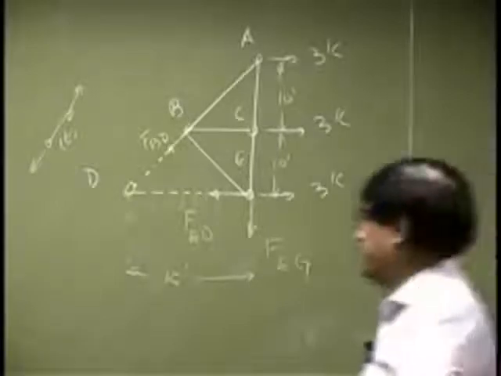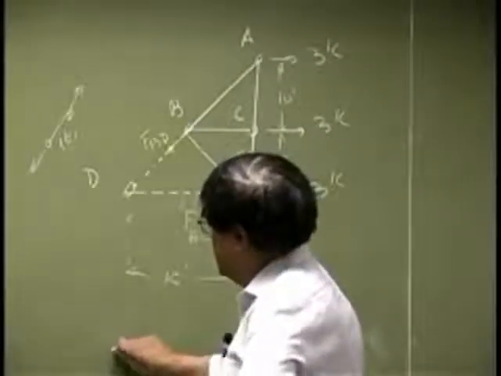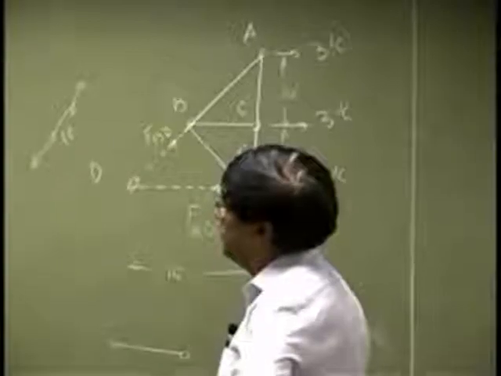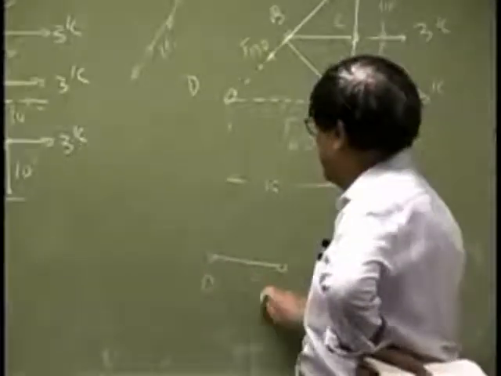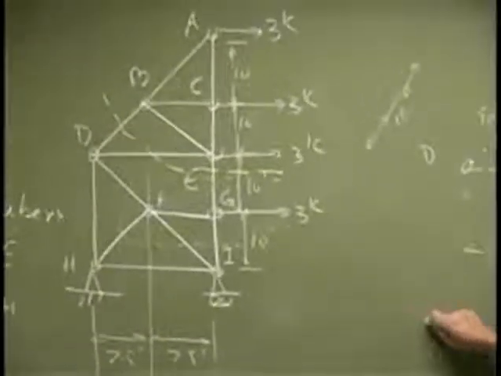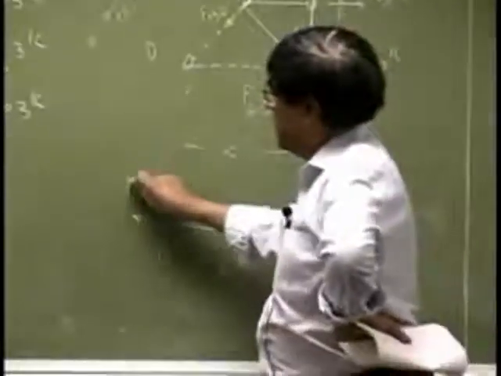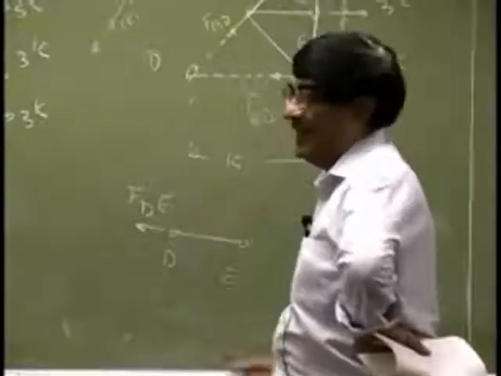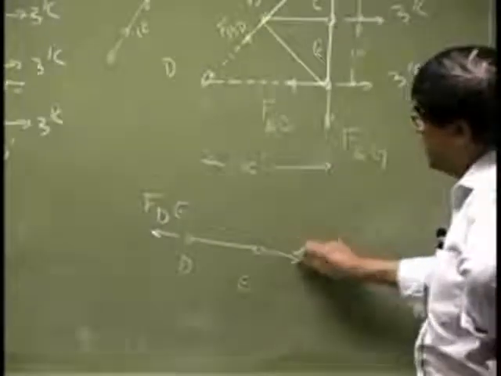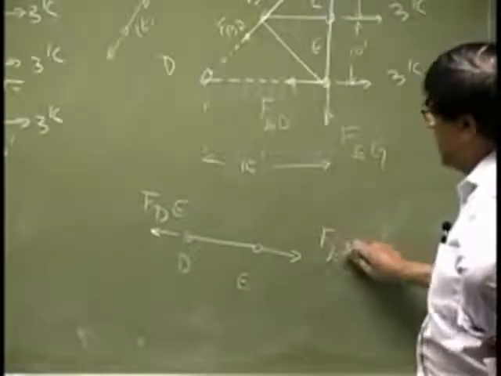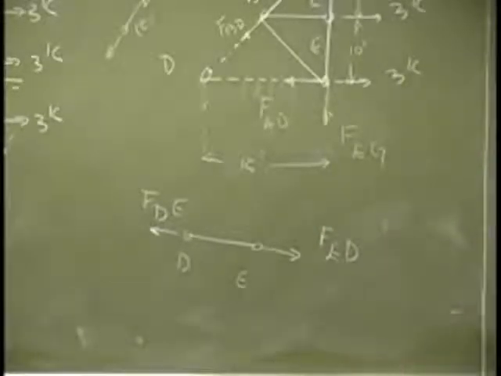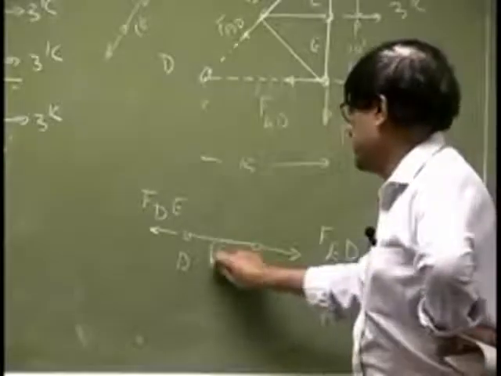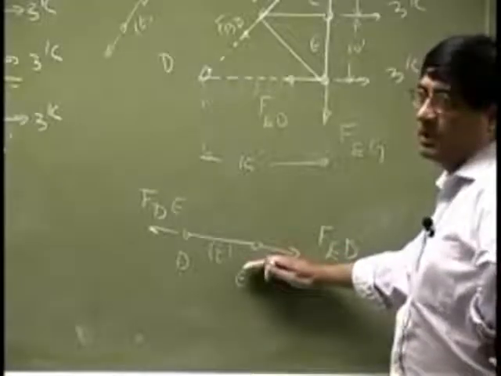Another thing which I should point out at this point is that when you look at a member, let's say member DE, this end could have a force, let's say FDE. Then on this end, it could have a force FED. I mean, there are two different ends, so there is a possibility of having two different forces. But this member has to be in equilibrium too.